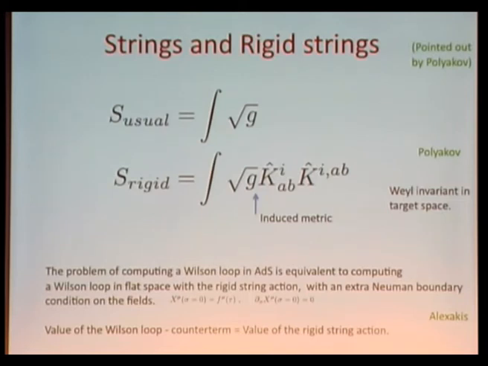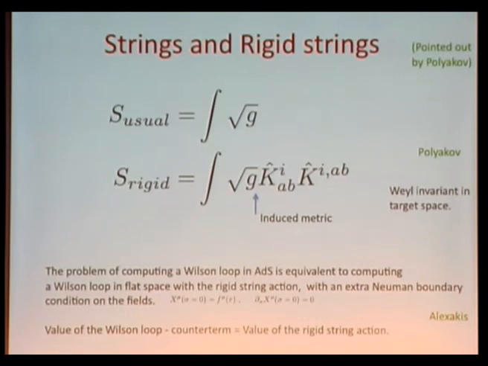Instead of considering the Nambu action, you consider this so-called rigid string action. The rigid string action is an action for a string, for a surface, that depends on the extrinsic curvature, and it has the property that it is Weyl invariant in target space. The ordinary action is not: if you rescale the target space variable, the action grows like L squared. Here it's completely Weyl invariant.